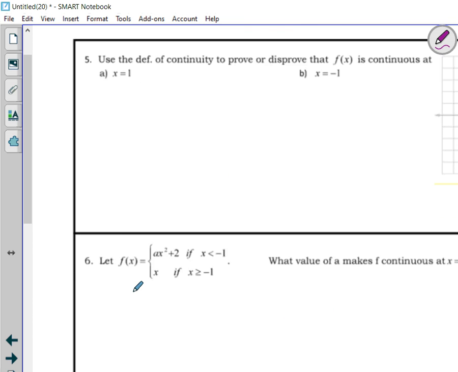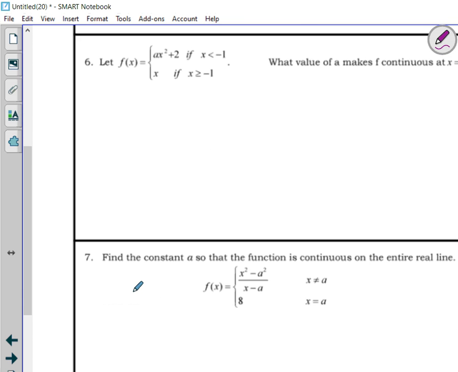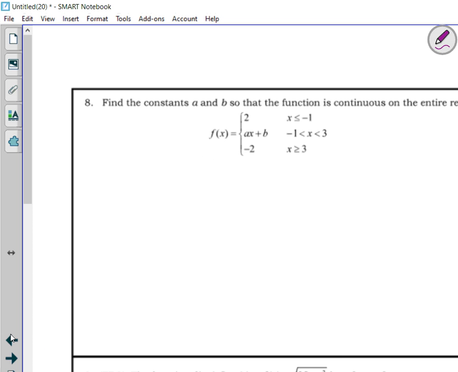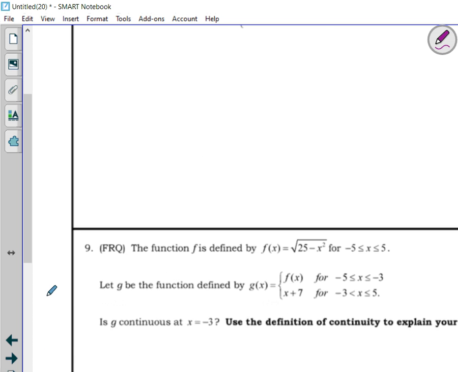You will see later in this handout, we are not just writing about continuity, we are using it and saying, if I tell you it's continuous, find a missing value.